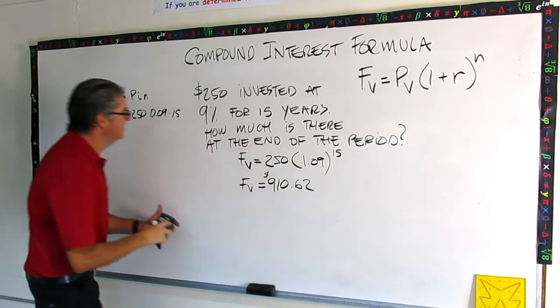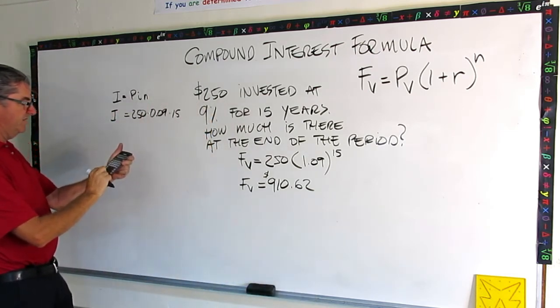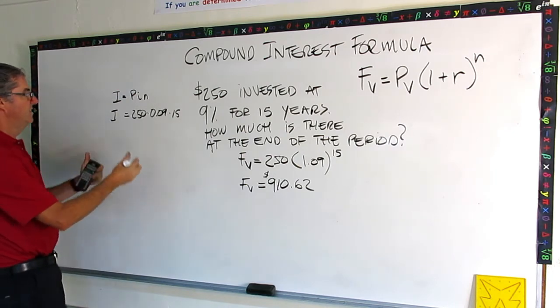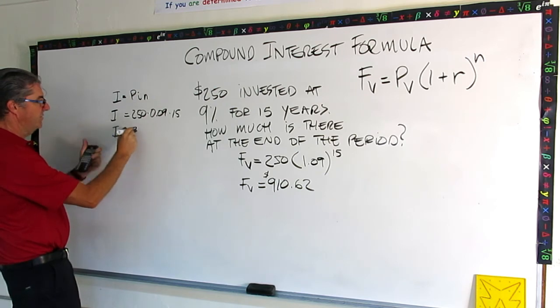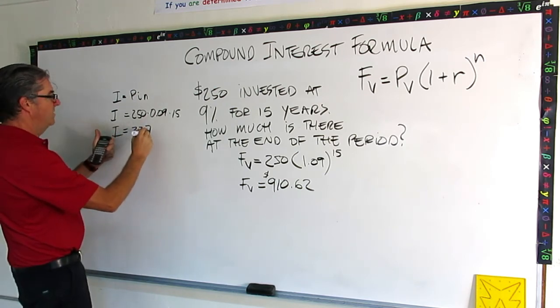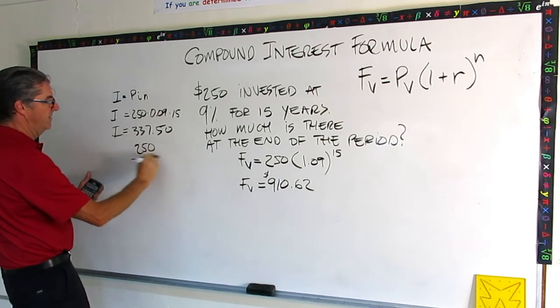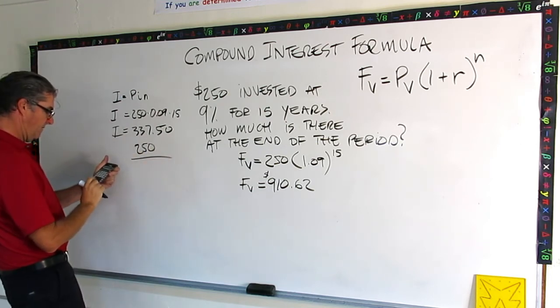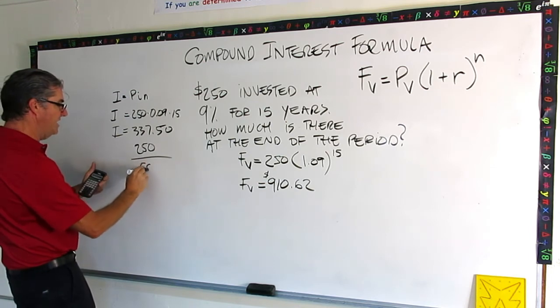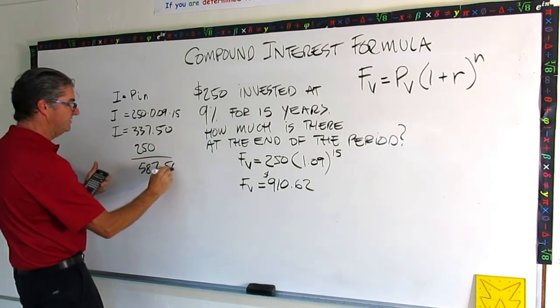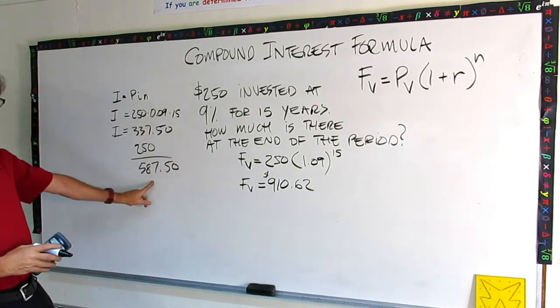Let's do that calculation. 250 times 0.09 times 15. Interest is going to be 337.50. Add that to our 250. And this is $587.50. So quite a difference here.